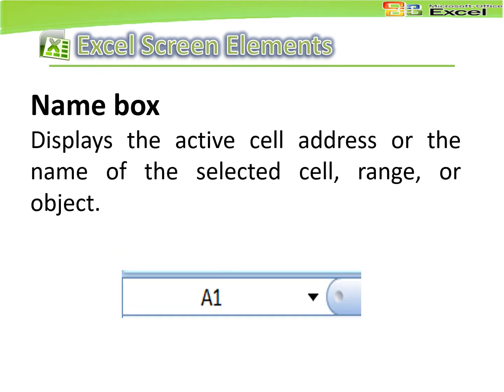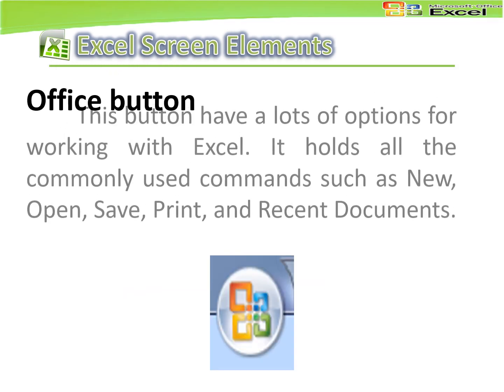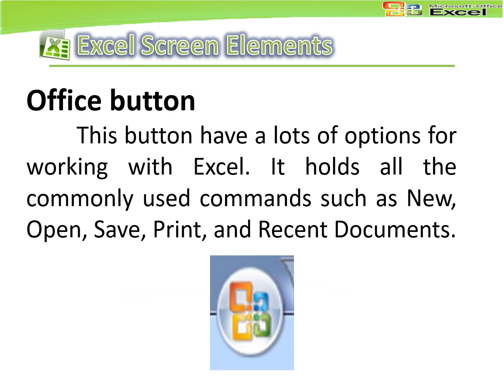So we have the name box. It displays the active cell address or the name of the selected cell, range, or object. Then we have also the office button. This is from the old versions of MS Excel. Okay, but now it was replaced by a file tab.